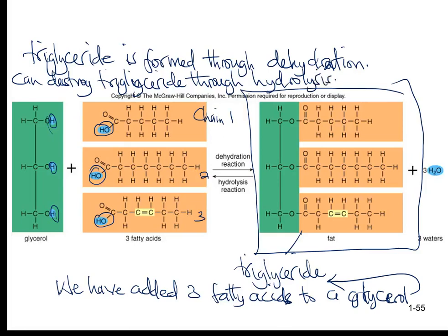Like we saw that you can destroy a polymer through hydrolysis to make monomers. So take note of this reaction. You can be given a reaction, say, pointing this direction, what do we have? We have dehydration. Coming back to this direction, what do we have? We have hydrolysis.